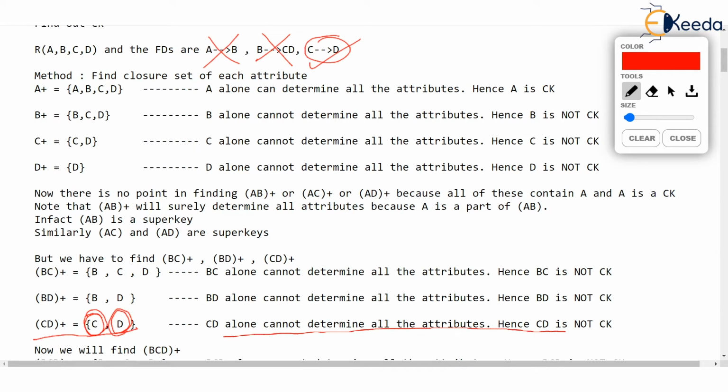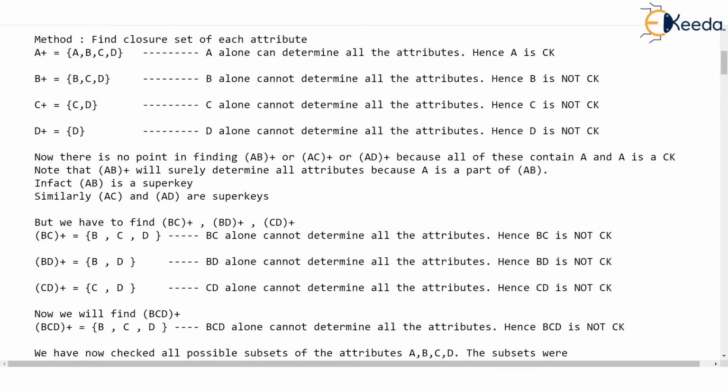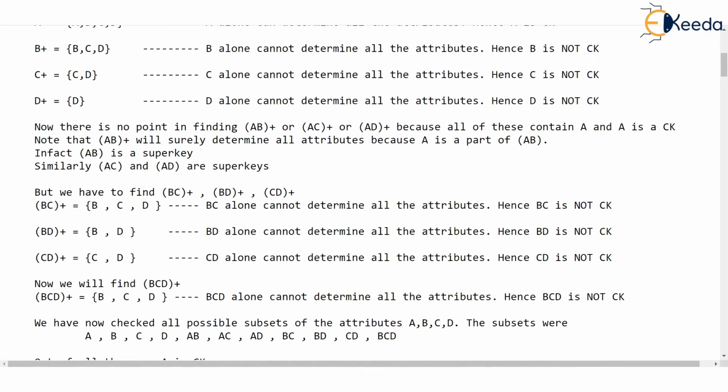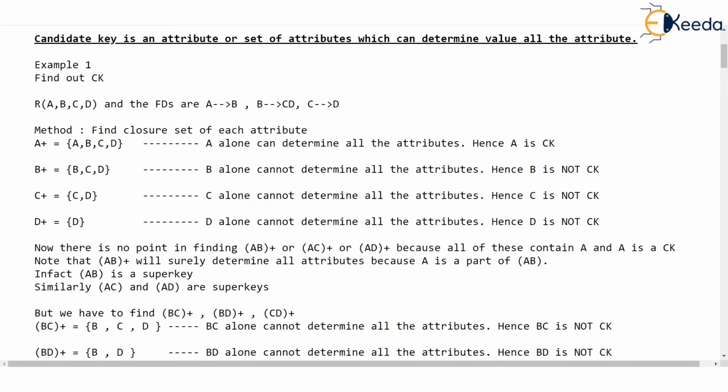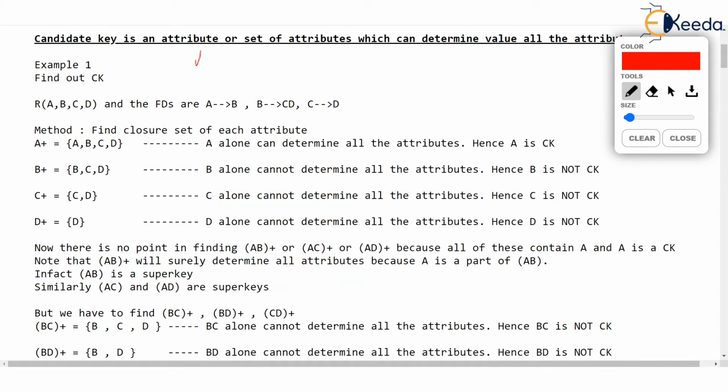So by the way, how many attributes we had, you see? We had 4 attributes. Something really interesting I'm telling. We had 4 attributes, A, B, C, D. How many subsets can we create using these 4 attributes? Now, first one is null set.